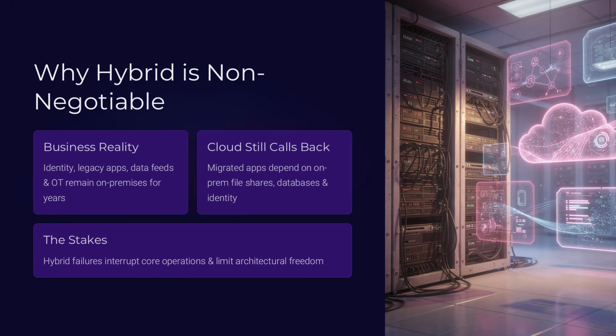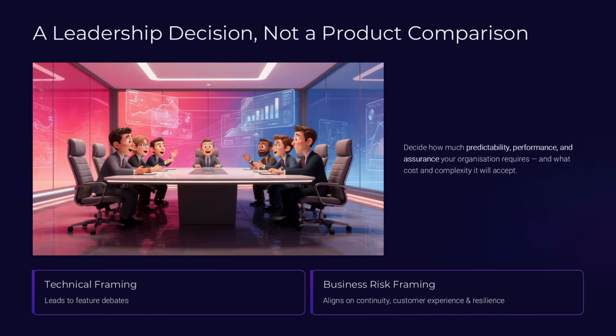Leaders care because hybrid failures interrupt core operations. Architects care because hybrid dependencies shape application design and limit your freedom if you get it wrong. With hybrid necessity clear, you now reframe the choice between site-to-site virtual private network and ExpressRoute as a leadership decision, not a product comparison.